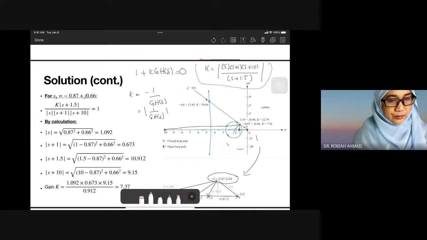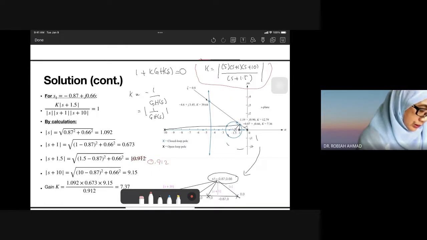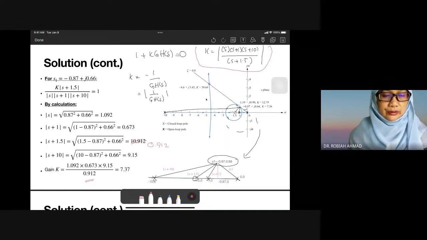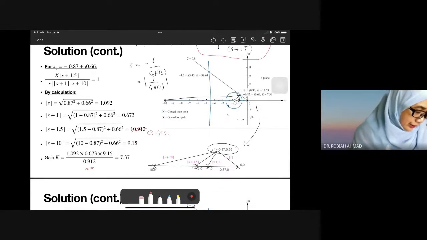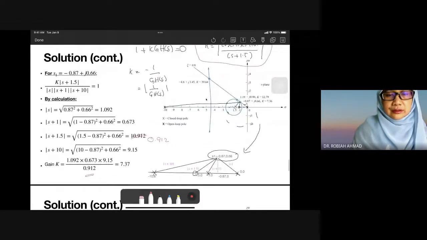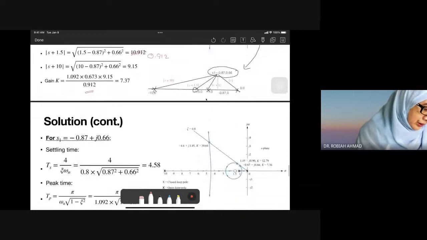Oh, ni silap. Please change this one to 0.912. Okay, this is the correct answer. So you have K as 7.37. So far here, okay tak? Silence means you understand.